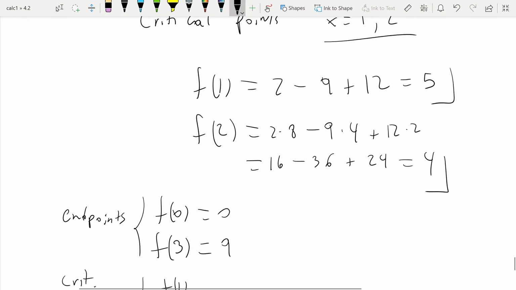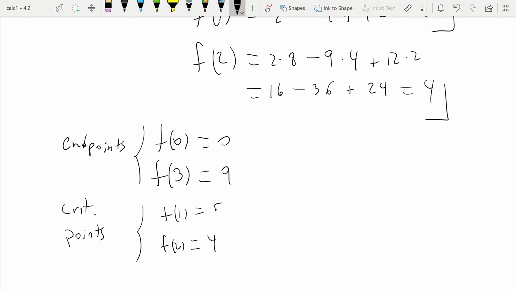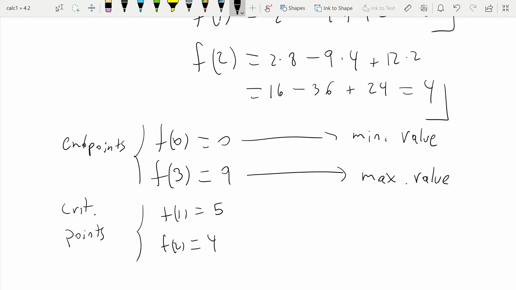So f of 3 gives us the maximum value, and f of 0 gives us the absolute minimum value. 5 and 4 are not the extrema here.